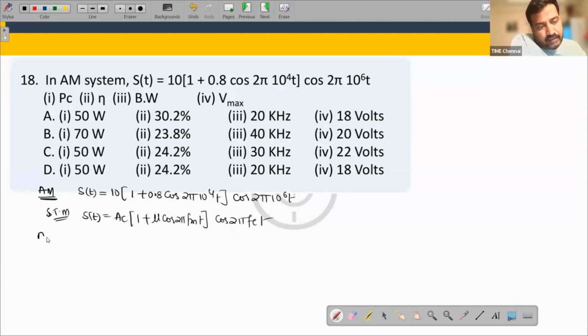If you compare, AC is 10 volt, mu is 0.8, FM is 10 power 4 hertz or 10 kilohertz, FC is 10 power 6 hertz, 1 megahertz.